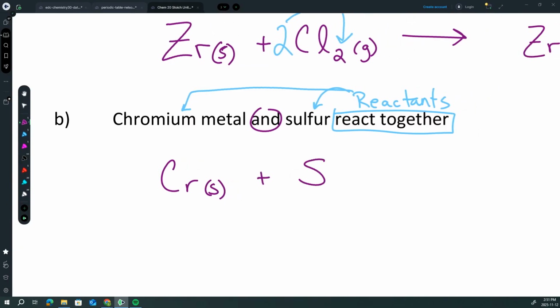Now, sulfur is a little bit tricky here because not only do we have diatomic elements to worry about, we also have polyatomic elements to worry about. And our polyatomic elements are sulfur and phosphorus. So what that means for this situation is whenever sulfur is by itself, there are always 8 of them together.